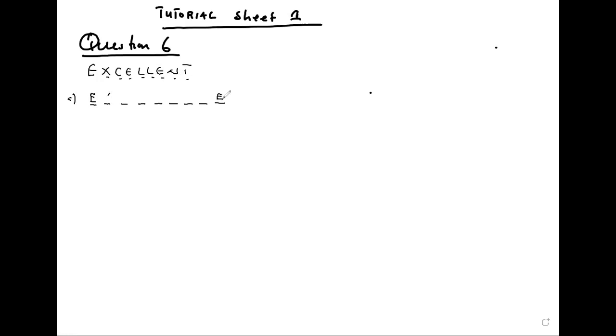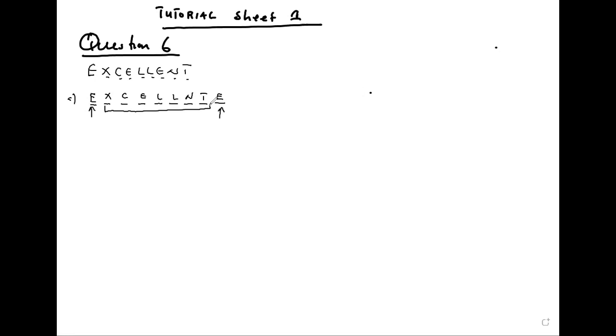Then we'll have X, C, another E, L, N, T, like that. So these end positions are fixed. What's happening is that you are only permuting the ones in the middle.